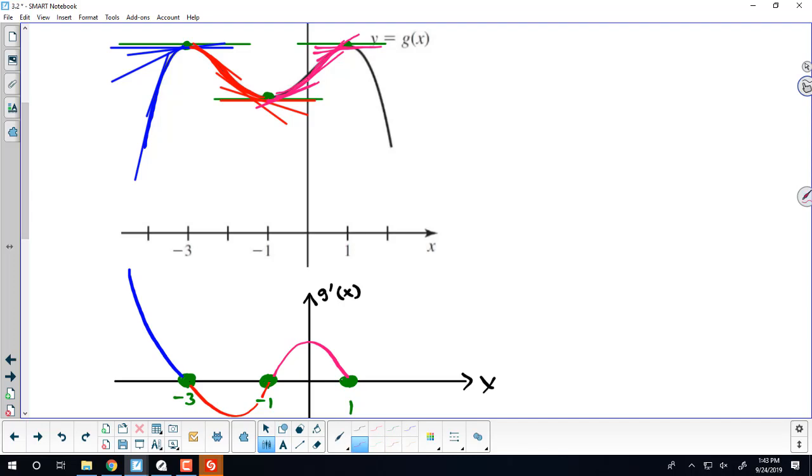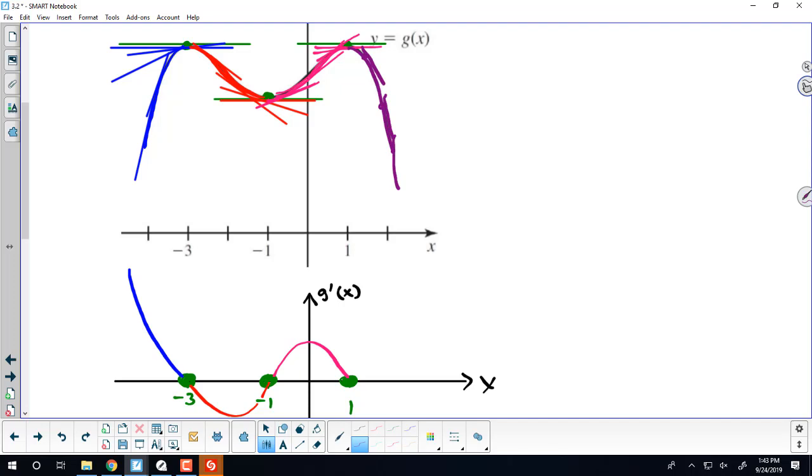How about this last piece? What are the slopes doing there? They're negative, and then they're getting more negative, right? So at this point, it's pretty negative. At this point, it's more negative. At this point, even more negative.